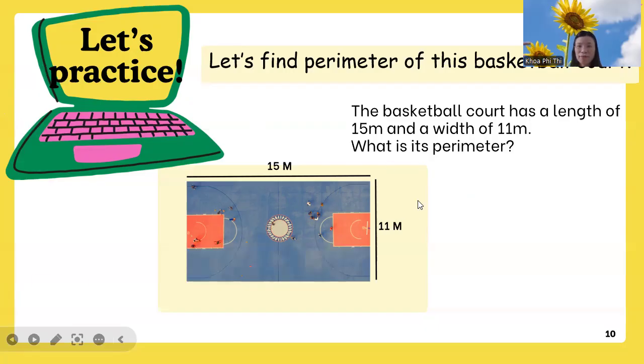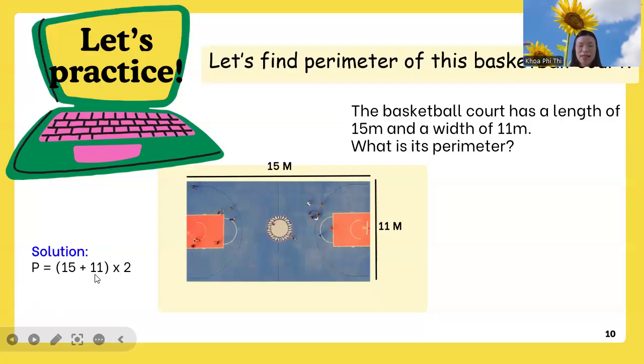And now, what is the perimeter? Who can tell me the solution, please? Yes, please. The perimeter is 15 plus 11, times 2.